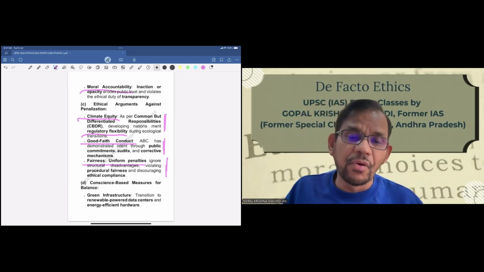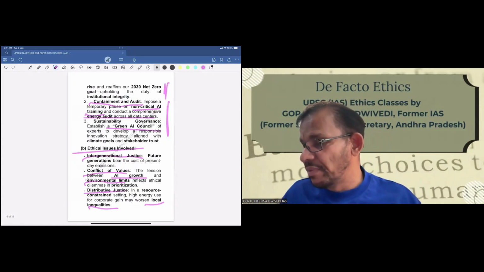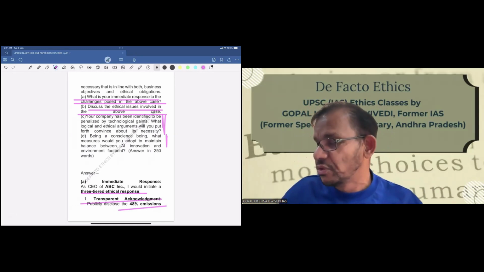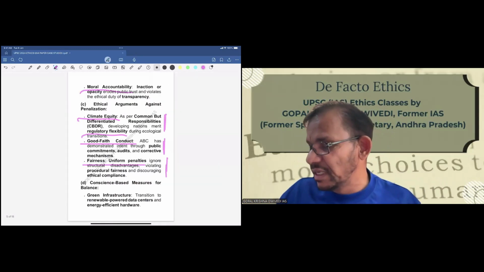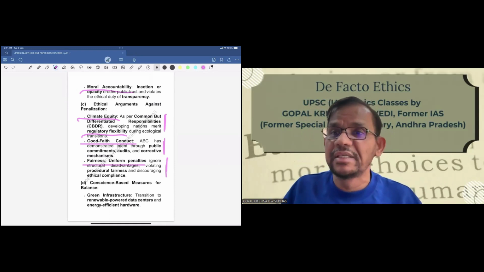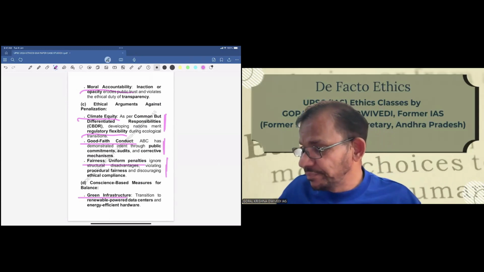Now, what is the fourth point, D? The question was, being a conscious being, what measures would you adopt to maintain balance between AI innovation and environmental footprint? So this is the D part. Now what will be the conscience-based measures for balancing both AI and environment? First is green infrastructure.